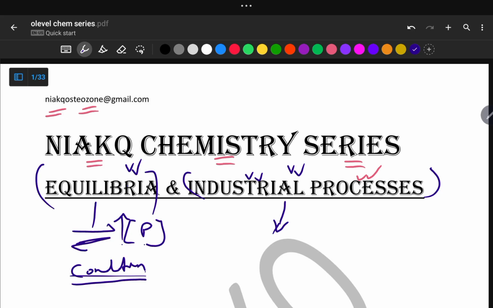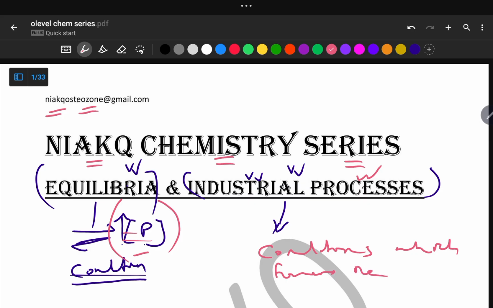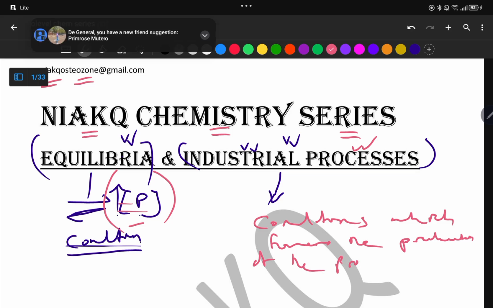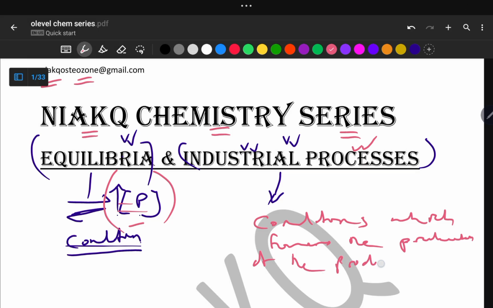We want to make sure that the position of equilibria is on the product side, so we are going to apply the conditions which favor the production of the products, right?